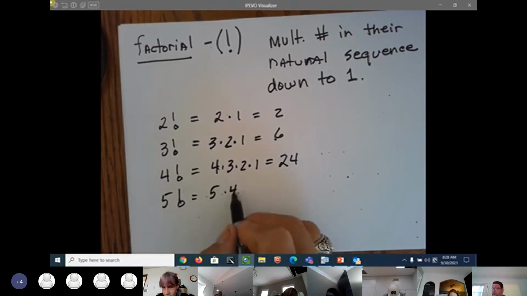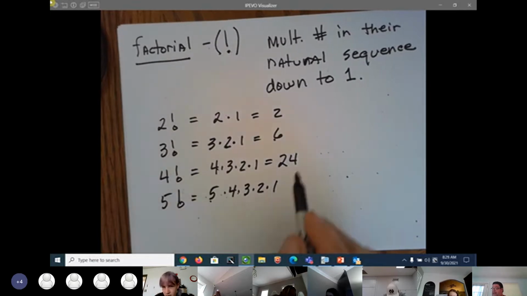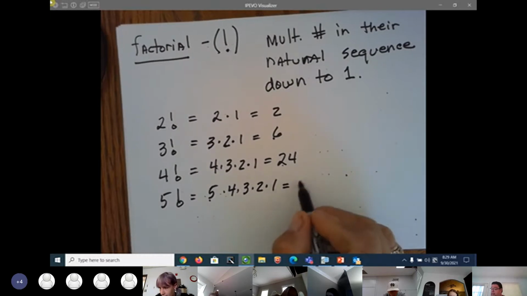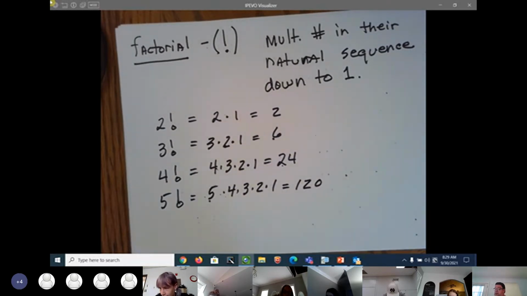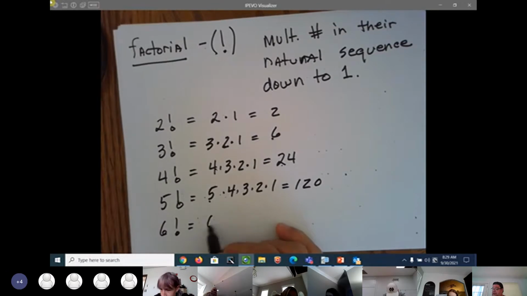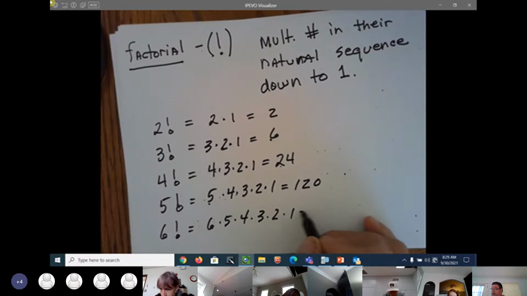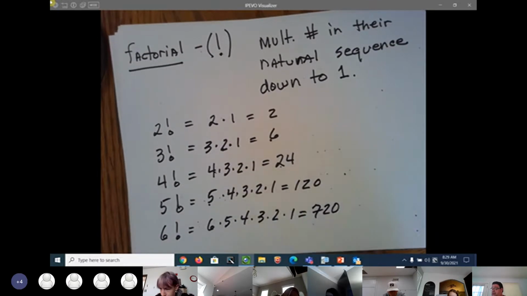5 times 4 times 3 times 2 times 1. Or 5 times 24, which is what? 120? And 6 factorial equals 6 times 5 times 4 times 3 times 2 times 1, which is 720, and so on.